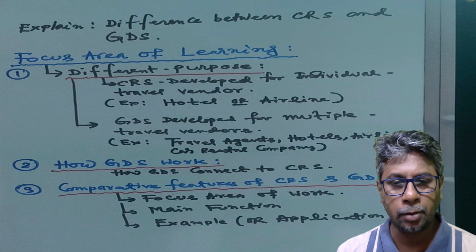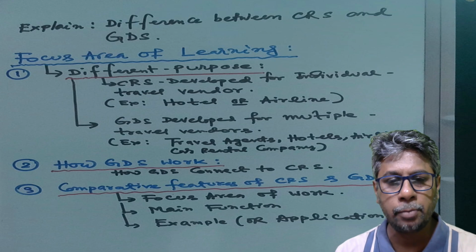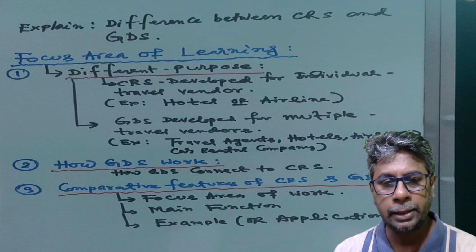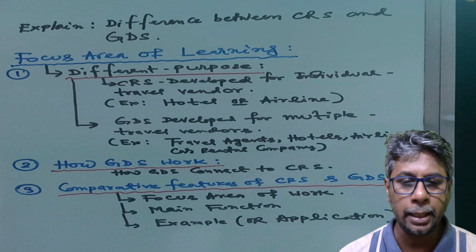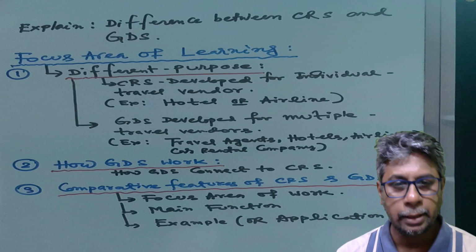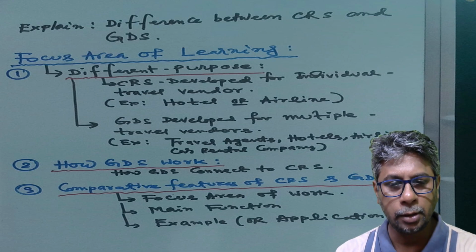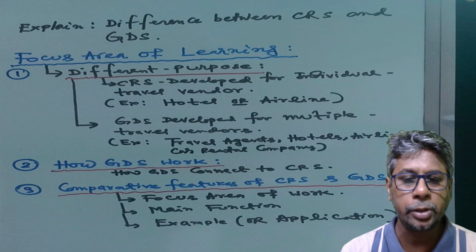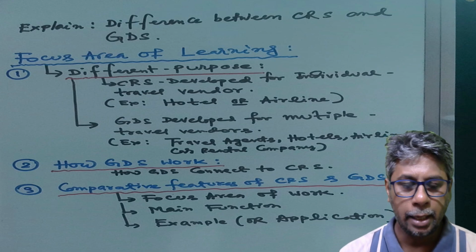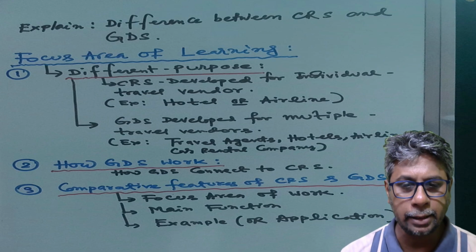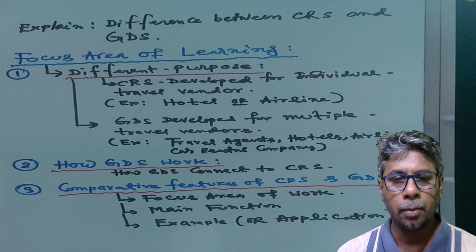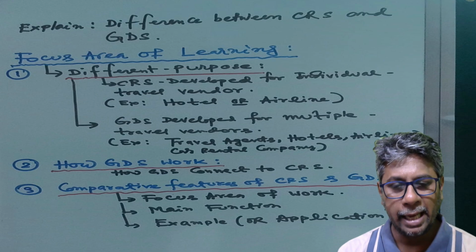GDS was developed for multiple travel vendors, for example travel agents, hotels, airlines, and car rental companies. Next, we will understand how GDS works and how GDS connects to the CRS system. And finally, we will study the comparative features of computer reservation system and GDS.